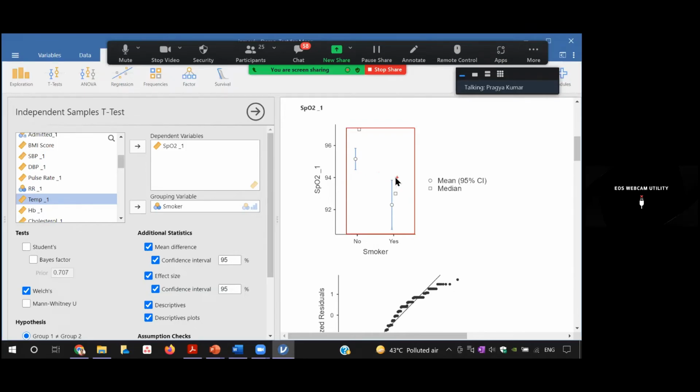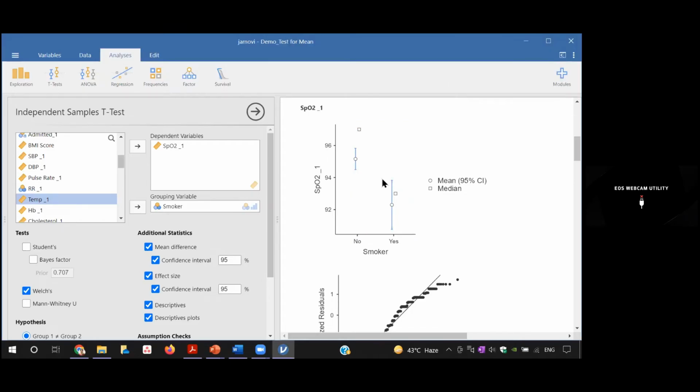This descriptive plot also helps you understand whether the difference is highly significant or just significant. If it is just borderline significant, then you might see some values where the two groups overlap. But here, because none of the values are overlapping, you can say that it is highly significant. That's why the p-value is less than 0.001.